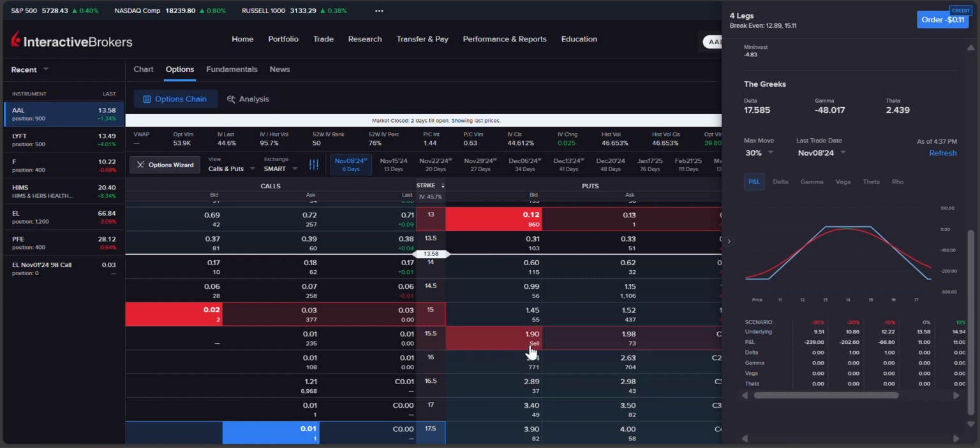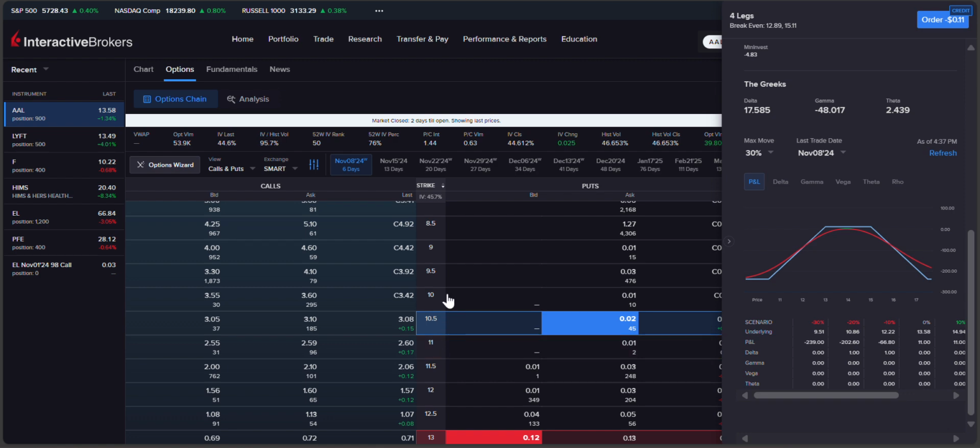But on the flip side, if the trade goes against you, as you can see right here, the losses are much bigger. All right, and so there is always a trade-off between the potential profit that you get if the trade goes in your favor versus the potential loss if the trade goes against you. All right, in the end, it's a matter of risk tolerance.